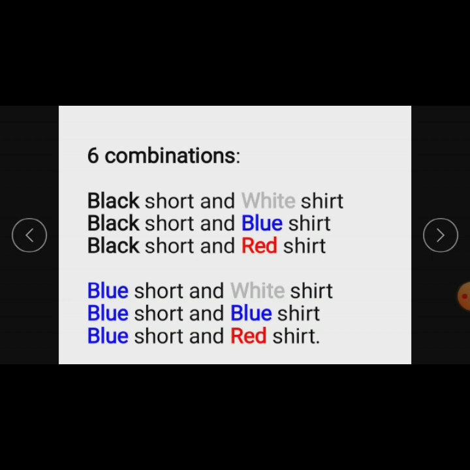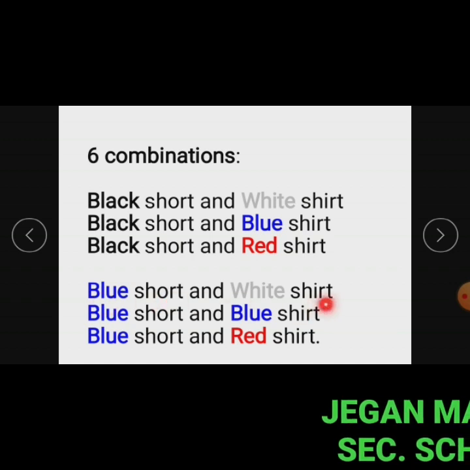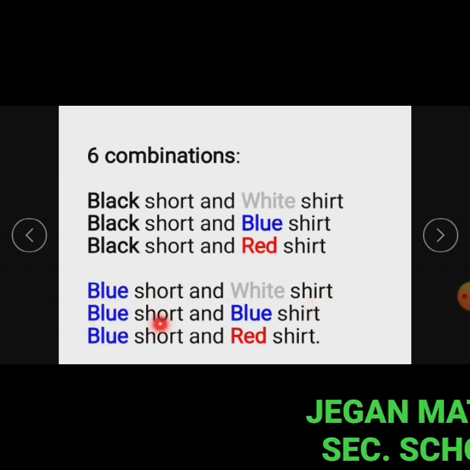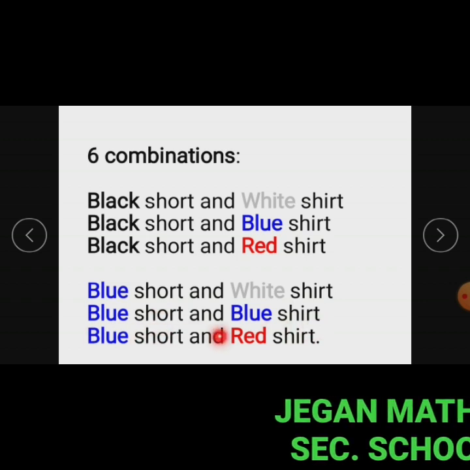We get 6 combinations. They are black short and white shirt, black short and blue shirt, black short and red shirt, blue short and white shirt, blue short and blue shirt, blue short and red shirt.